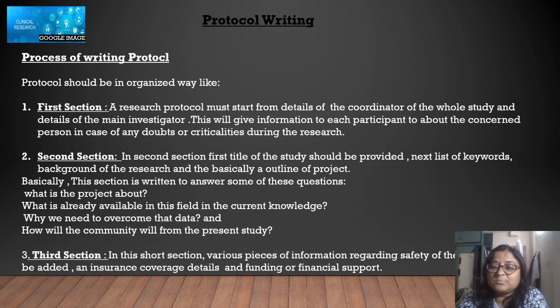When they have any problem, they can contact that person directly just by seeing the first section of your protocol. It will not delay the process. They will not have to go here and there to find the contact person. So this is very important, and the first section must start with the details of all the related personnel.